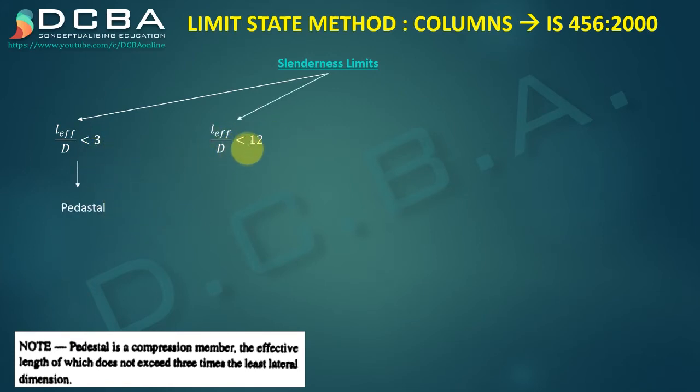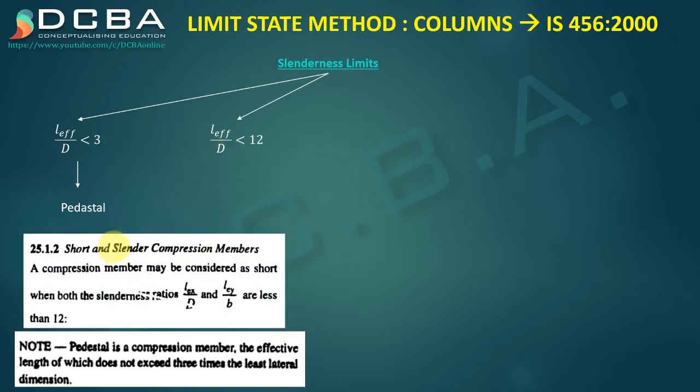Second, if L effective by D is less than 12 but greater than 3, then this column would be called a short column, because here in clause 25.1.2, short and slender compression members, a compression member may be considered as short when both the slenderness ratios LEX by D and LEY by B are less than 12.